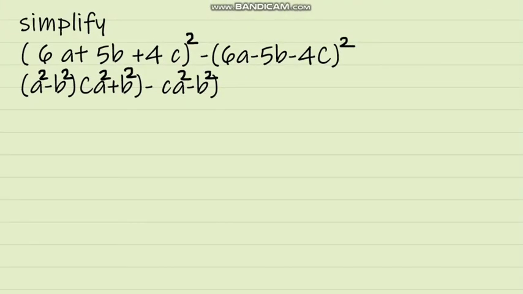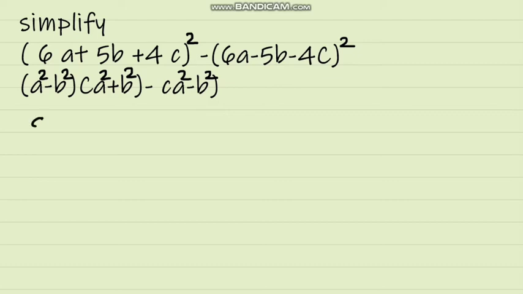Let's see some more simple ones. (6a plus 5b plus 4c) whole square minus (6a minus 5b minus 4c) whole square. If you try to understand what is given here, it is again in the form of a square minus b square.